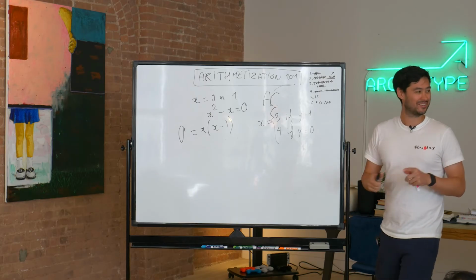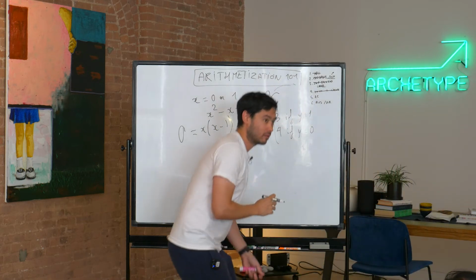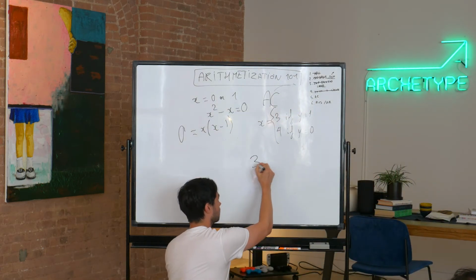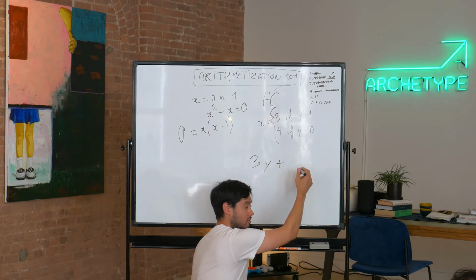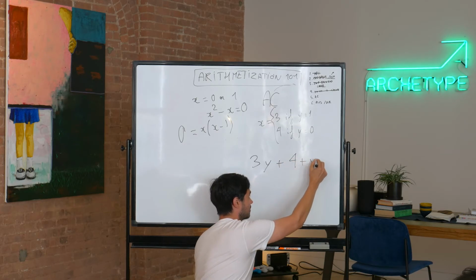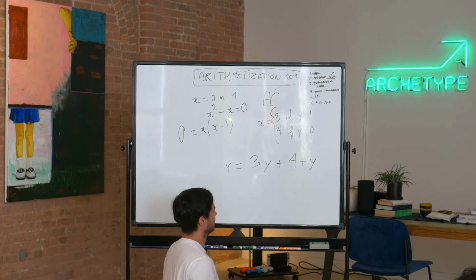3 times y plus 4 plus y. Wait, say that again? It's like 3 times y plus 4 plus y. I don't think that works, but a good idea.